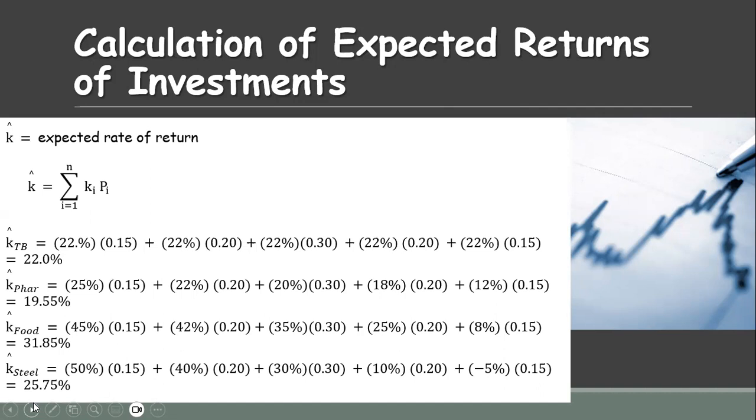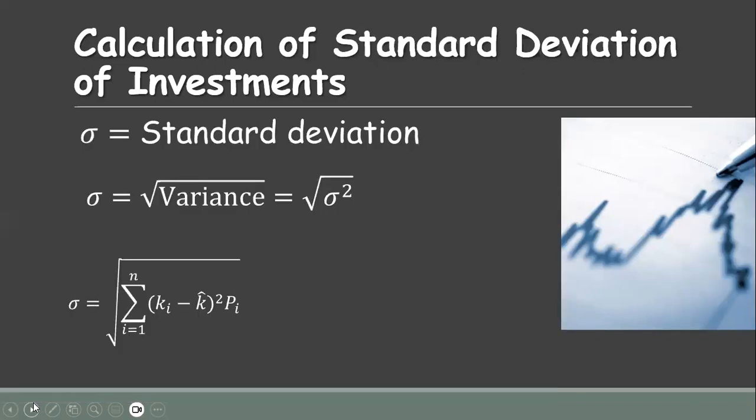And in case of a recession, the return is minus 5%, probability is 5%. On the basis of the above calculation, the return against steel sector investment comes to 25.75%.